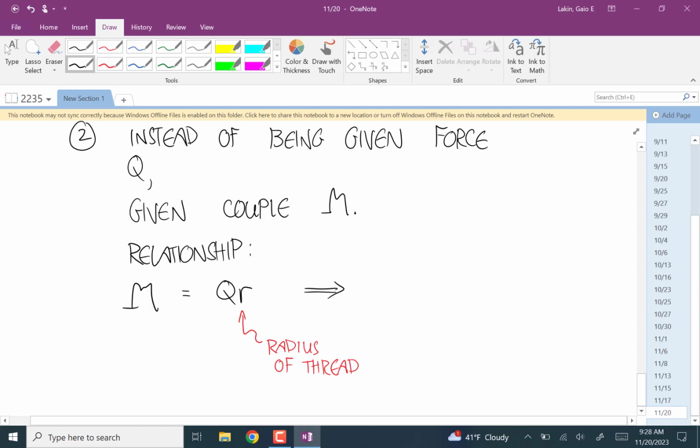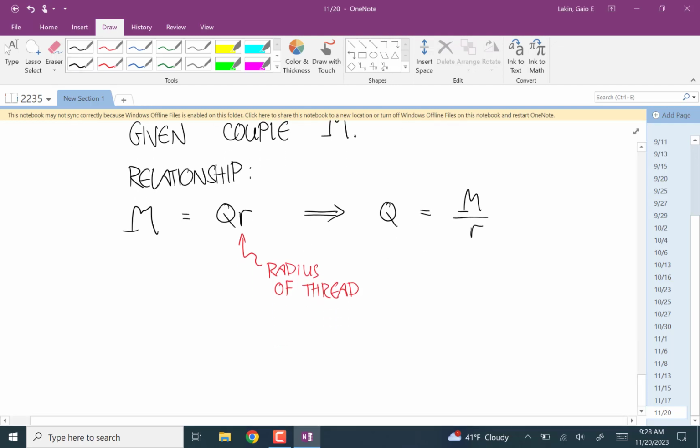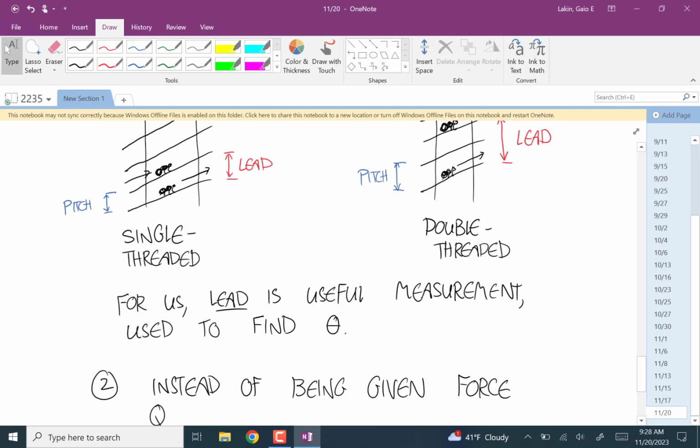And so if you want to know what this Q is, you can always re-express that as M over R.